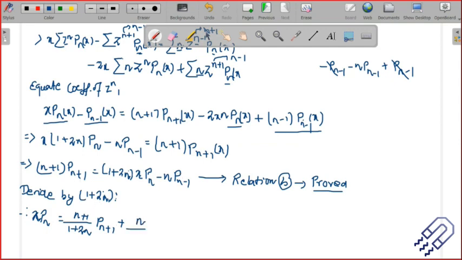This will be n divided by 1 plus 2n p n minus 1, right? So this is our relation C. As I said, relation C, simple. So you have to remember only one. If you remember the relation B, other things will be easily proved.